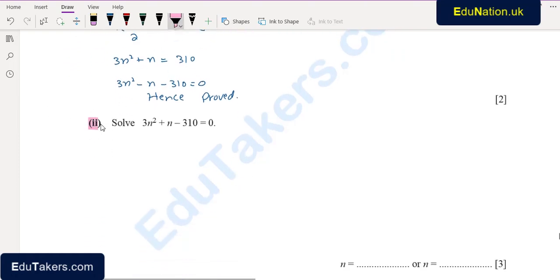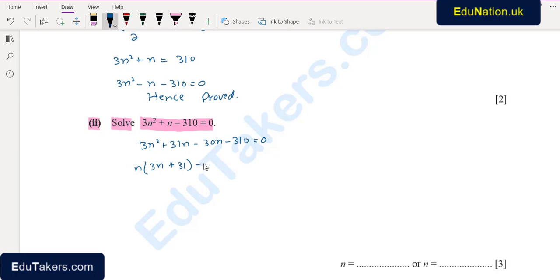Next is part 2. Solve 3n squared plus n minus 310 is equal to 0. 3n squared plus 31n minus 30n minus 310 equals 0. Taking n as common, this will be n into (3n plus 31), minus taking 10 as common, this will be 10 into (3n plus 31) equals 0.